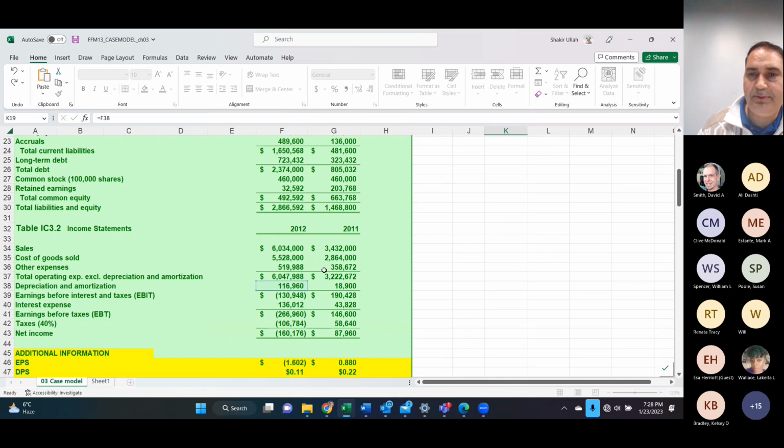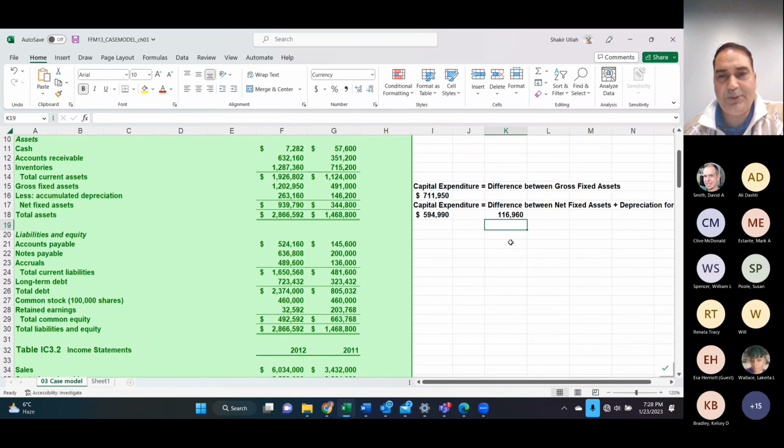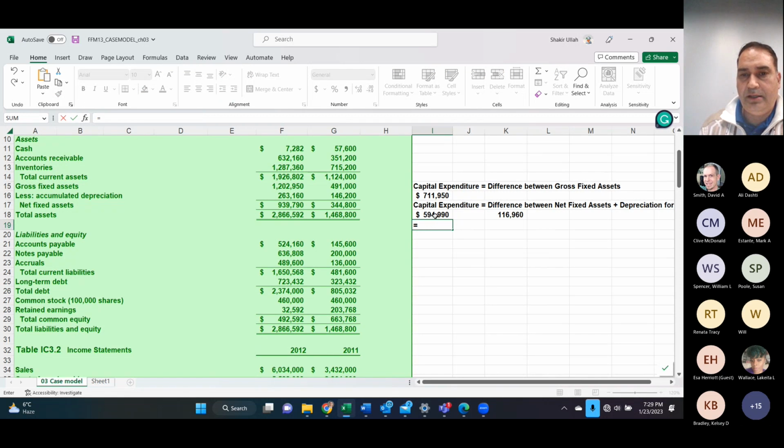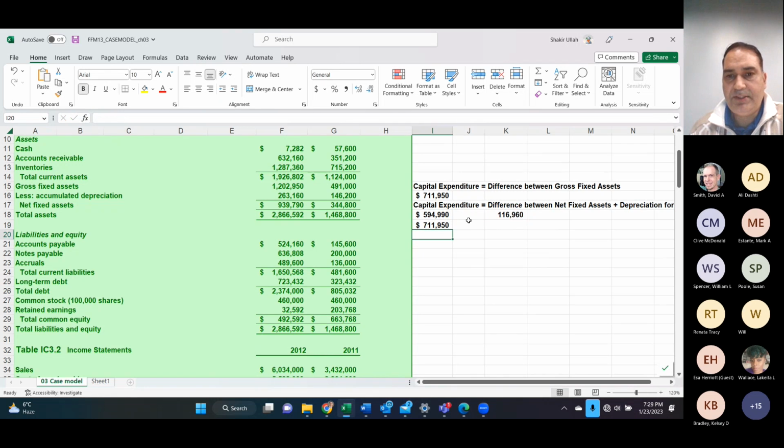Remember that you do this for the same year. Don't get one number from one year and other numbers from the other. You may get confused with that. So then we add these two numbers. That will be the total capital expenditure. And you see, these are the same numbers that I got. So there are different ways to get this capital expenditure.